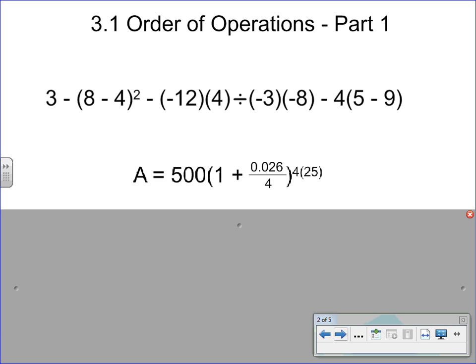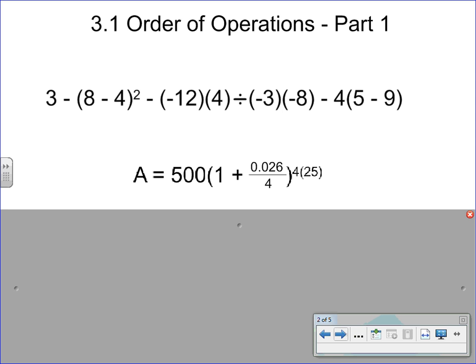However, here's a formula. A lot of operations, a lot of math needs to be done to figure out, in this case, how much interest I can earn if I put some money in the bank, right? So here's where the order of operations really can have some serious consequences. If I go to one bank and they've used their own order of operations and tell me that I can get $20 of interest if I put my money in their bank, that's pretty good.